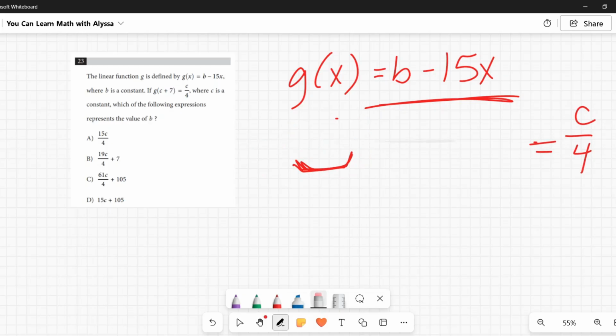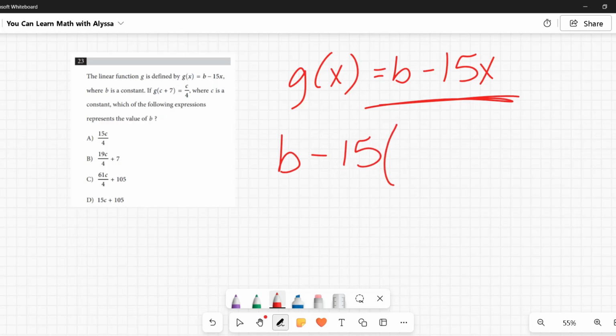All right, so let's see what happens here. I'm going to plug in c plus 7 wherever there's an x. Okay, so b minus 15 times x. So I'm going to replace that x with c plus 7. And I know once I do this math, I'm going to get c over 4. All right, let's start distributing here.